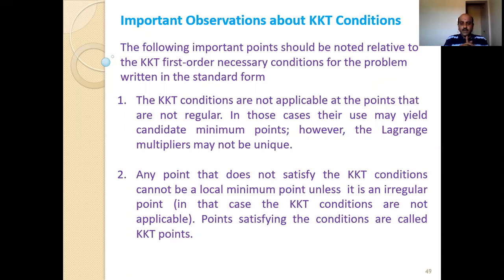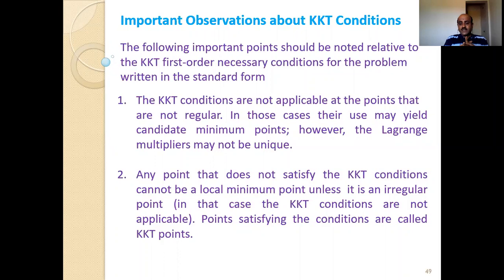Very important. So if the KKT conditions are not applicable at the points that are not regular, in those cases the KKT conditions' use may yield a candidate minimum point. The Lagrange multipliers may not be unique. Second one, any point that does not satisfy KKT conditions cannot be a local minimum point unless it is an irregular point.